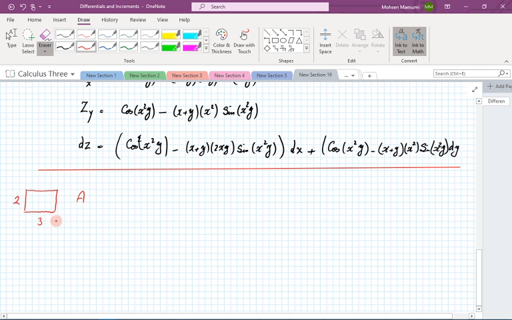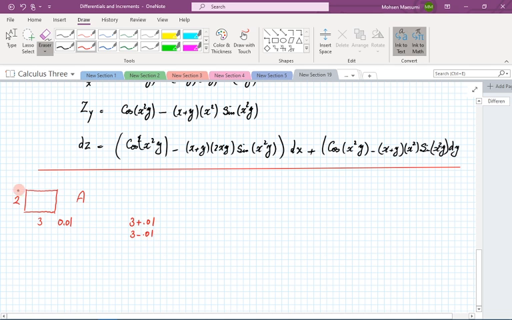And suppose our error in each of our measurements is say 0.01 miles, meaning this quantity could have been 3 plus 0.01, or could have been 3 minus 0.01, or anything in between these two values.